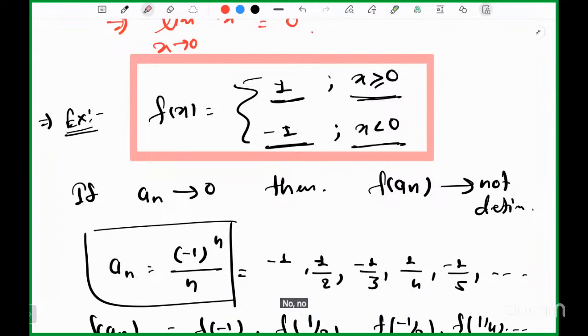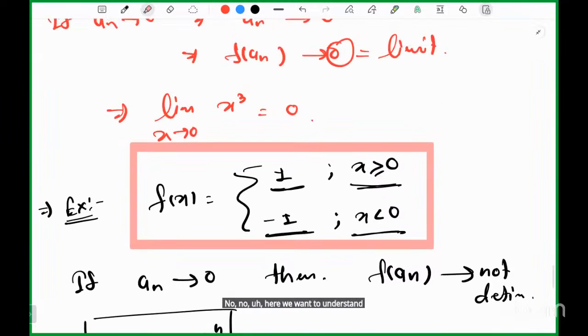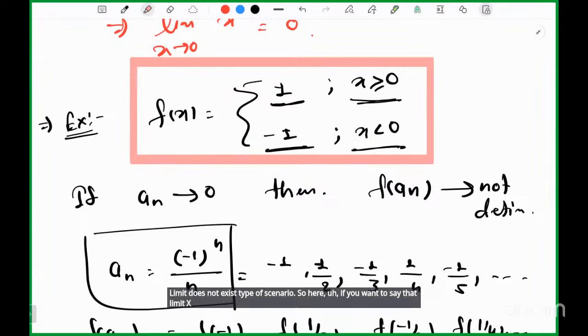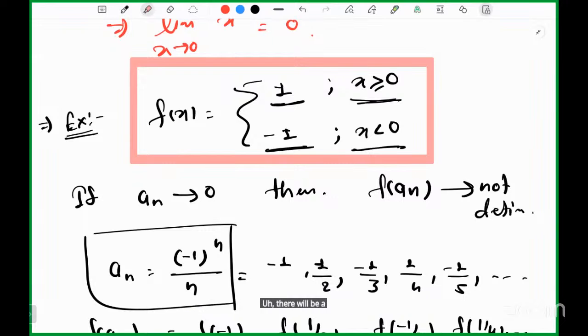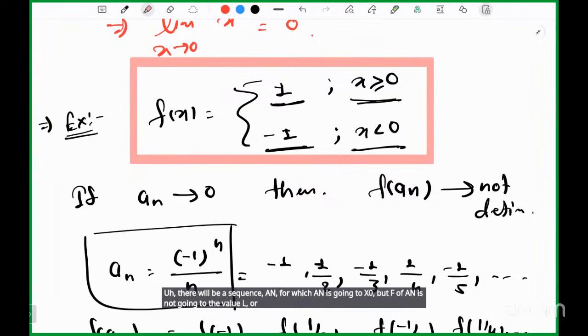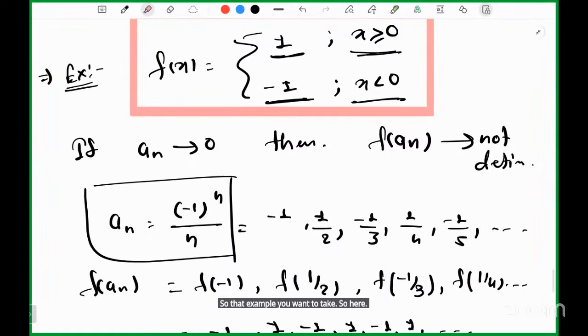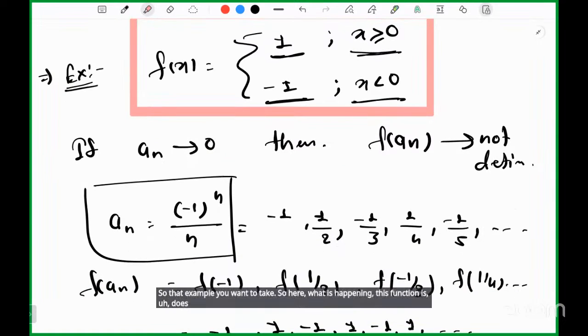No. Here we want to understand what happens in the scenario where the limit does not exist. If you want to say that the limit as x goes to x0 of f of x does not exist, it means there will be a sequence an for which an is going to x0, but f of an is not going to the value l, or it does not even have a limit. So that's the example we want to take. This function does not have a limit as x goes to 0.